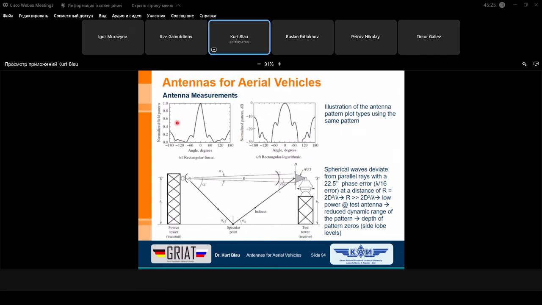Now, if you have measured some pattern, for instance in one measurement plane, in the elevation plane or in the azimuth plane, here you have the turned angle of the antenna. Let's say this should be the elevation angle, and then you have here your voltages.